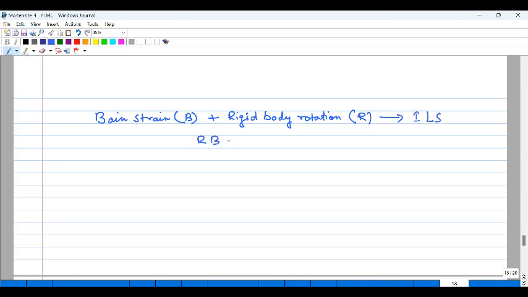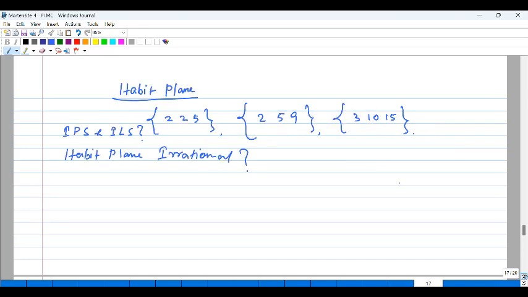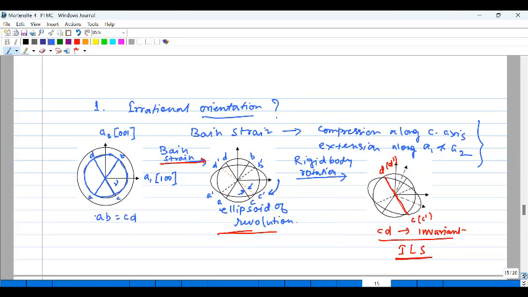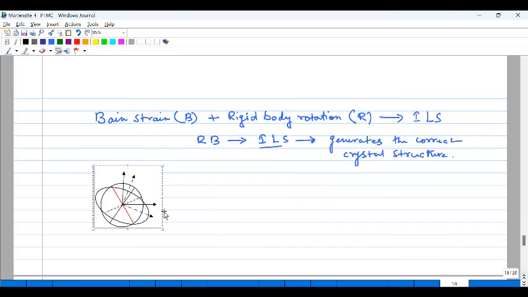So this combination is an invariant line strain, and this correctly reproduces the orientation relationship. Okay. So this generates the correct crystal structure for martensite.